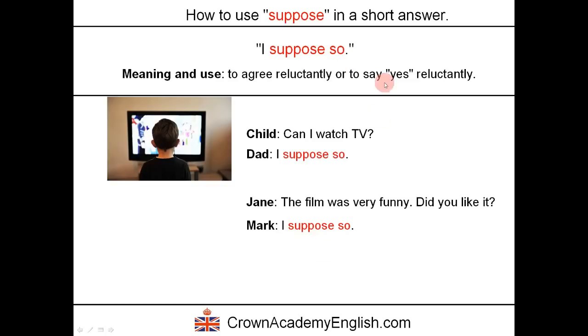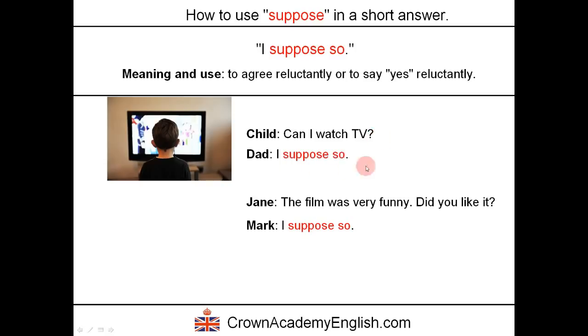This is called a short answer because a complete answer would be you repeat the question in the answer. So a complete answer here would be, yes, he would say, "Yes, I suppose you can watch TV."